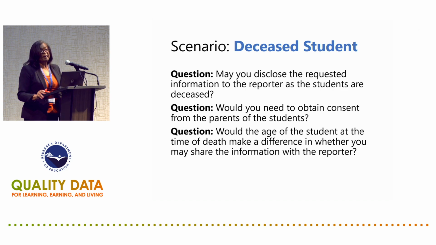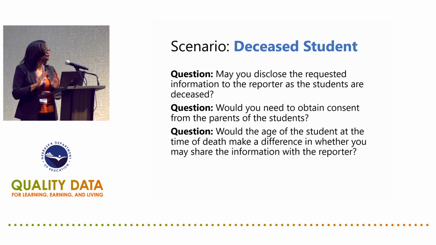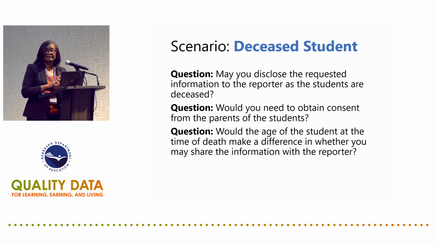Let's say the child passed at 18 or 19. Well, at that point in time, remember, when a child turns 18, all the FERPA rights go to the child. So if he passed at 18 or 19 or any time after the age of 18, those rights passed along with him.